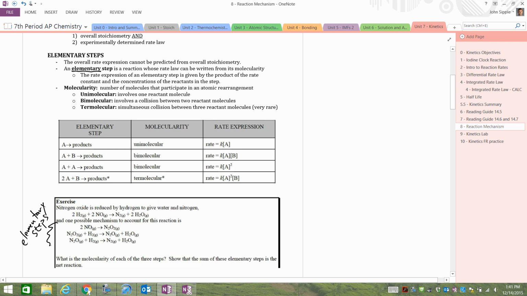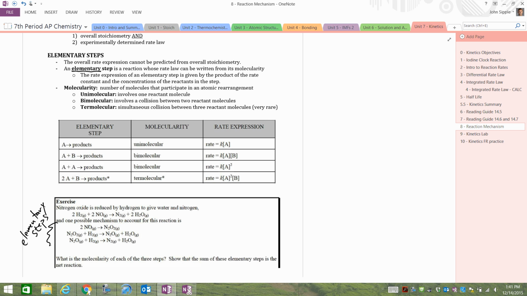That's what they're talking about when they talk about an elementary reaction. Okay, and a lot of times they'll label them fast or slow to let you know which one's fast, which one's slow, and we'll look at that as we move forward here. But sometimes they'll ask for the molecularity, very rarely, but they do this.